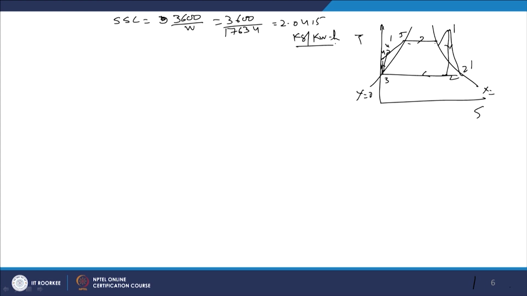Now, in part B, the pump efficiency is 50%. It means 0.5 is equal to H4 minus H3 divided by H4 dash minus H3. Here, H4 minus H3 is known to us, that is 13.994.